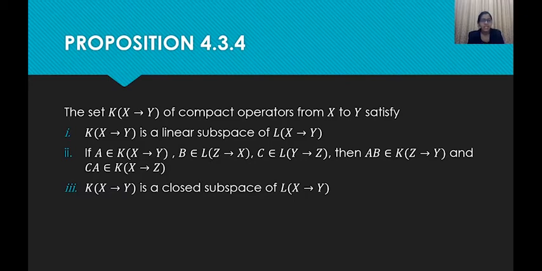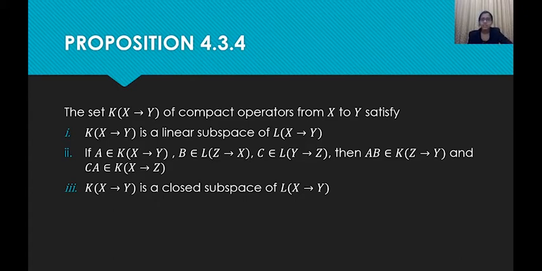And the third one is that K is a closed subspace of L(X,Y). So the first property was that it is a linear subspace, then for a compact operator A, AB and CA are also compact operators, and the set of compact operators is actually a closed subspace of L(X,Y).